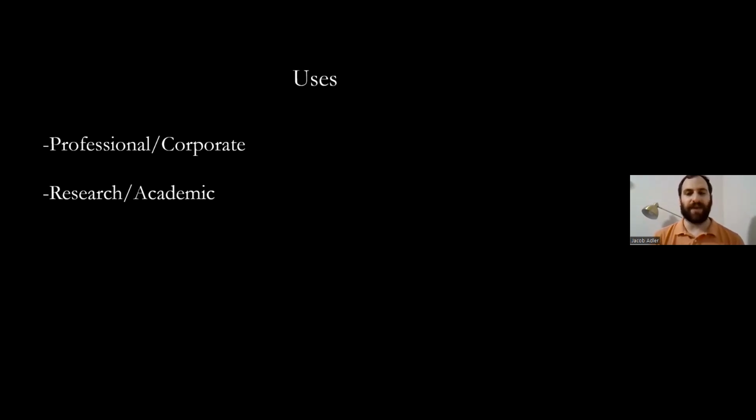Now, this is not without its own sort of caveats, which you'll see an example of later. There's also a lot of emerging usage of generative systems in a science context.